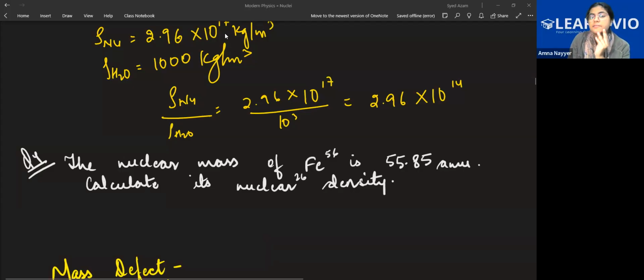Yes, answer. How should we do this question? Yeah, Rishita, answer. At least tell the method, anyone. Just tell the first step at least. I'll solve the rest of it. At least tell the first step.